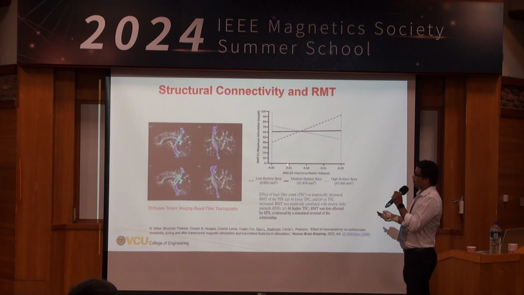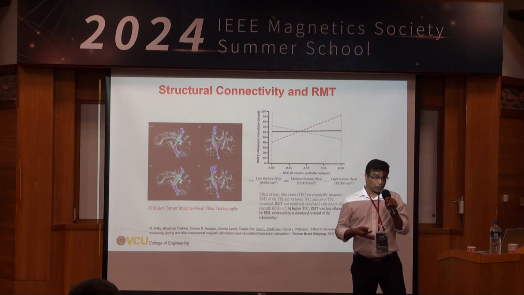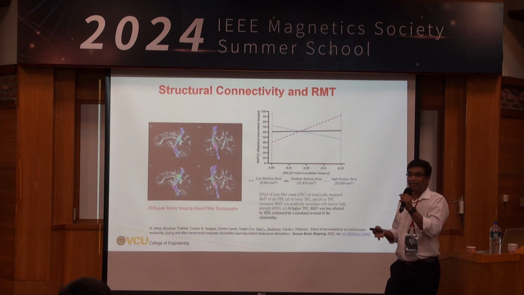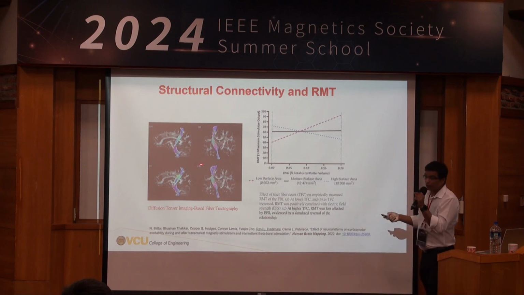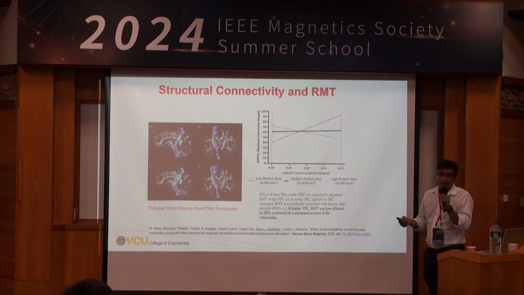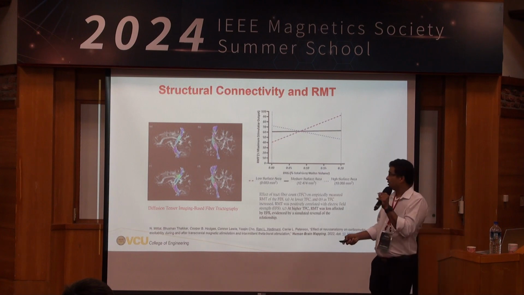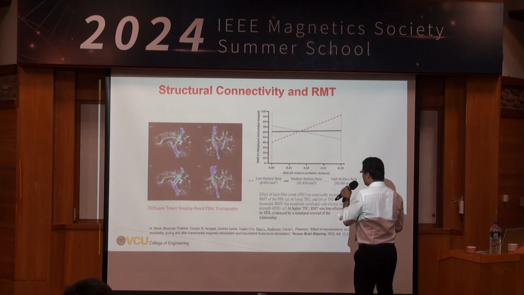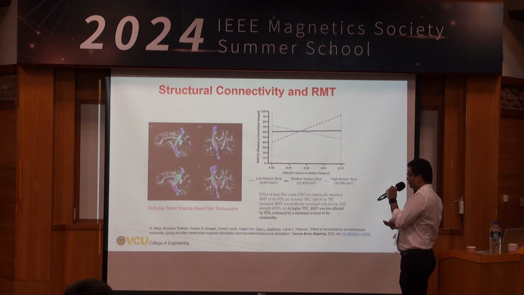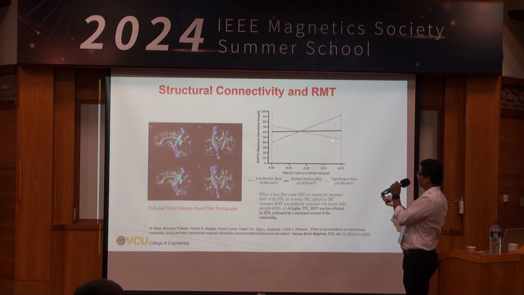But now, if you look at their functional connectivity, that is, if you look at their fiber tract density, the fiber density, that will also influence the dose. So here, what we see is for low surface area or low fiber density, we looked at the surface area as well as fiber density. For high surface area, it is as expected.